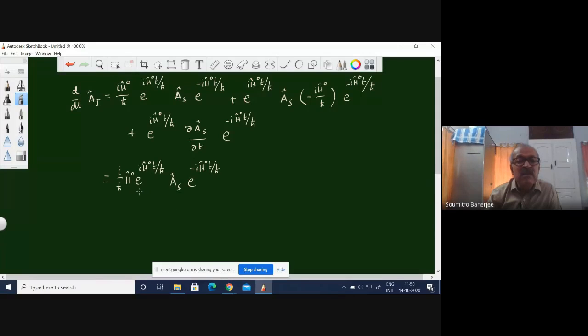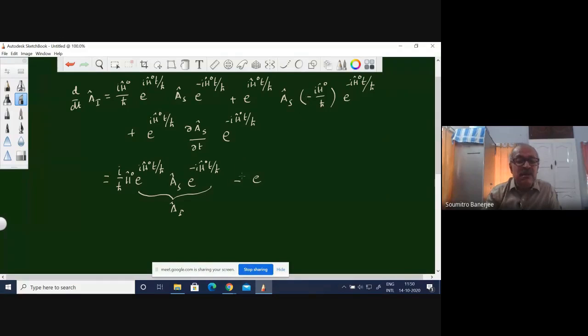This term is something that we know is A_I. Plus, here this one I can switch positions so that this becomes A. So e to the power, there's a minus that comes out.